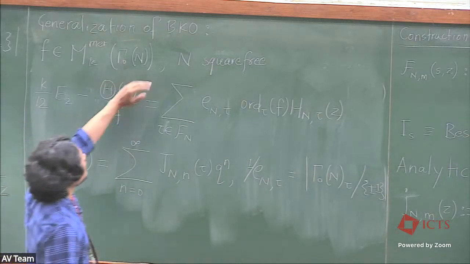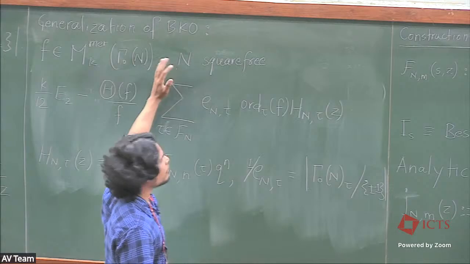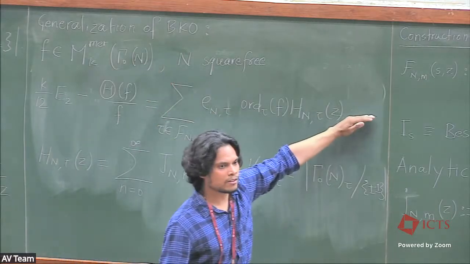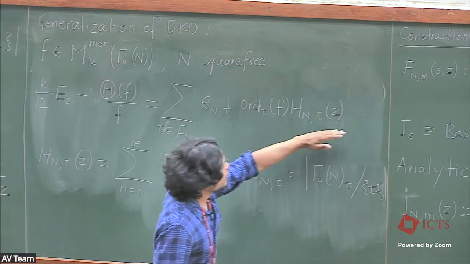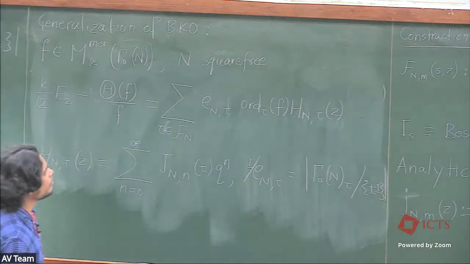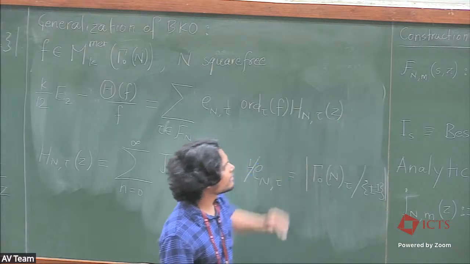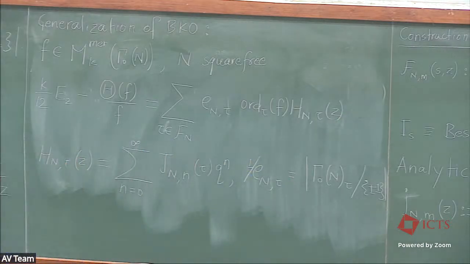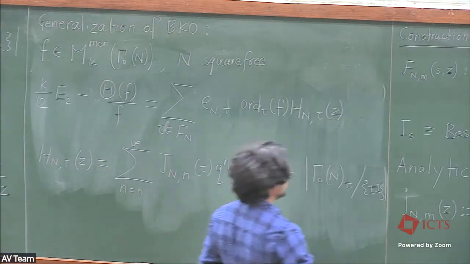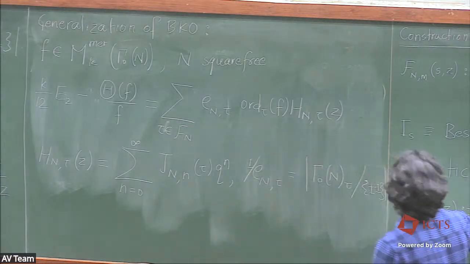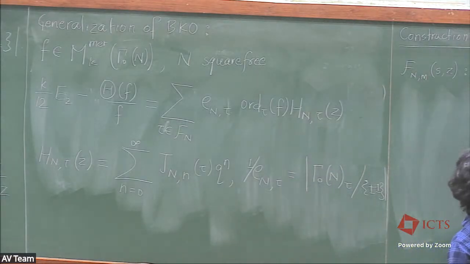The reason I assumed n square free is that if n is not square free, then there are other contributions here. And we don't want those contributions to prove the infinite product formula. If there are other contributions, then we don't have an infinite product formula. So now the idea is to apply this formula to the Jn function that we just constructed.